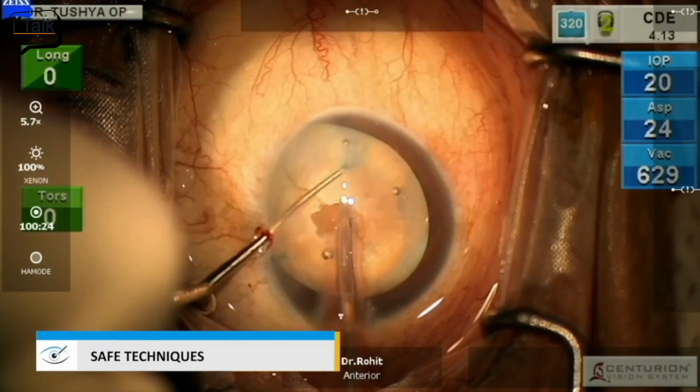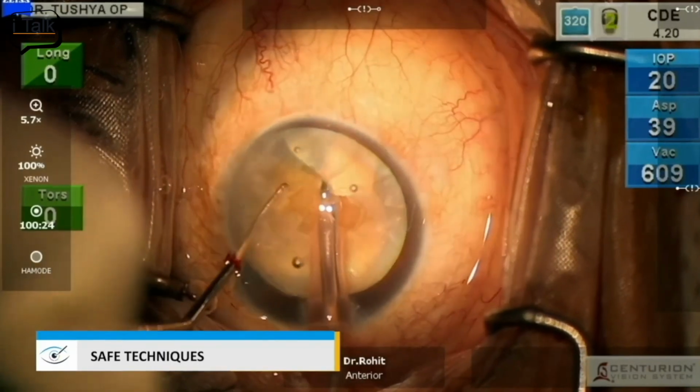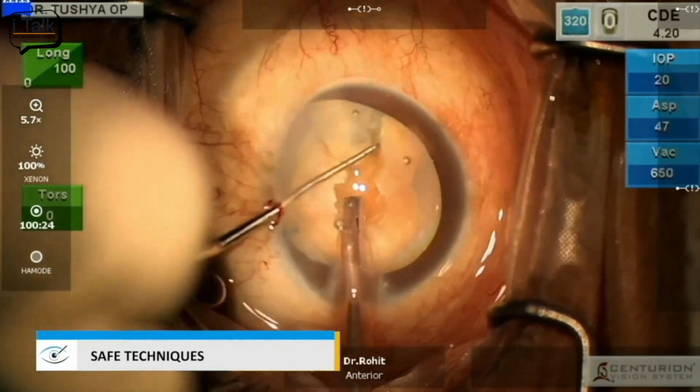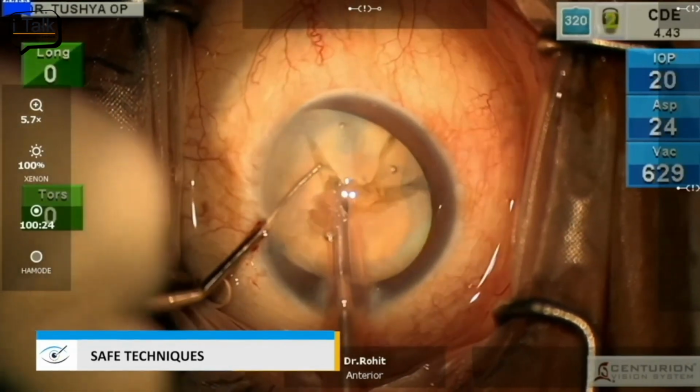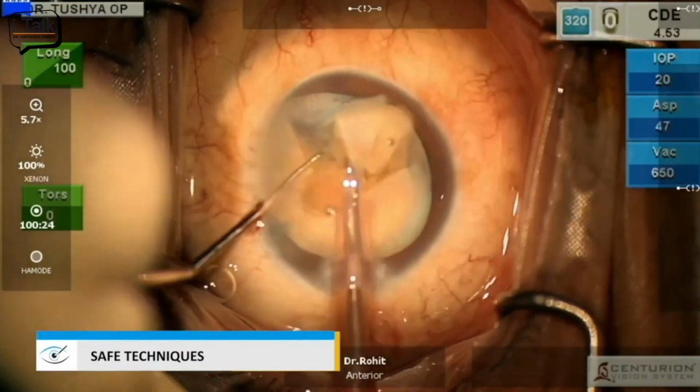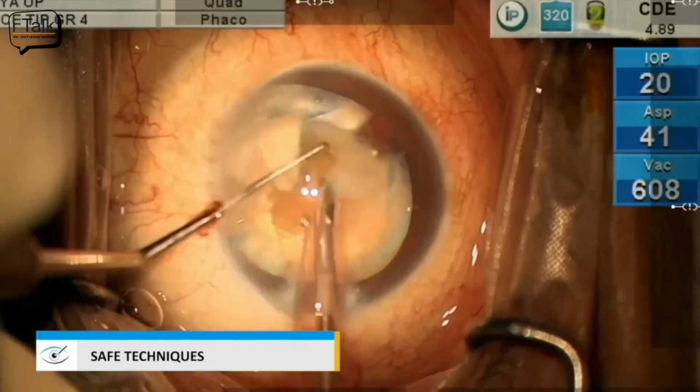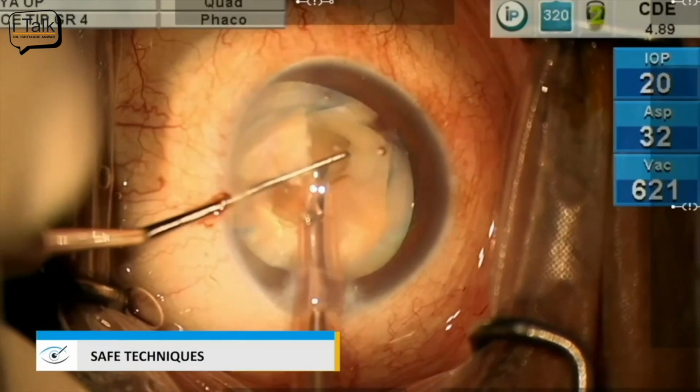Then another important thing is that while sculpting, I am not pushing the nucleus. Pause it, look at the separational forces. The separational forces are in the direction of the tear. So separational forces should also be in the direction of the tear.